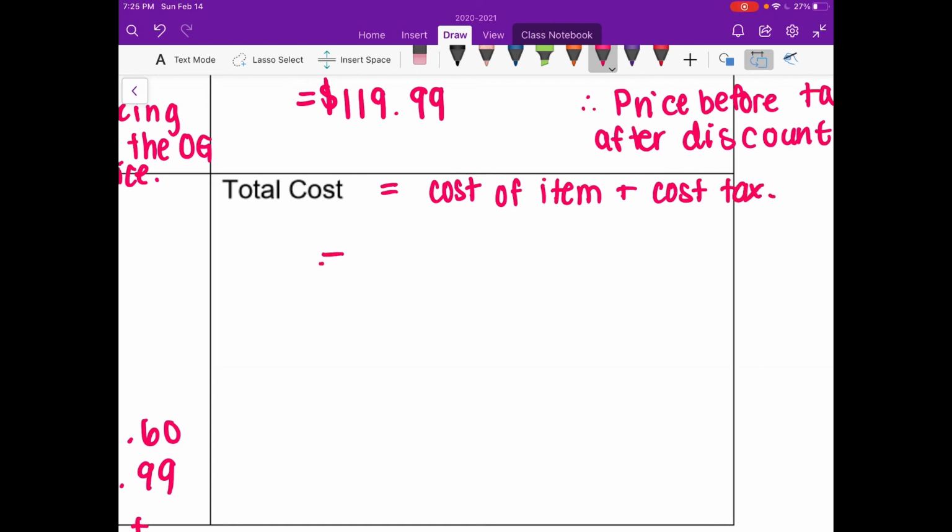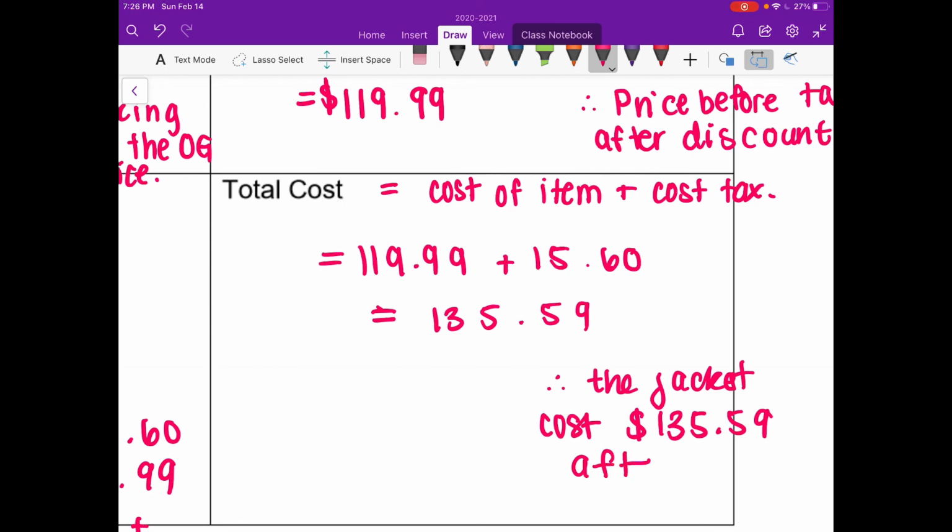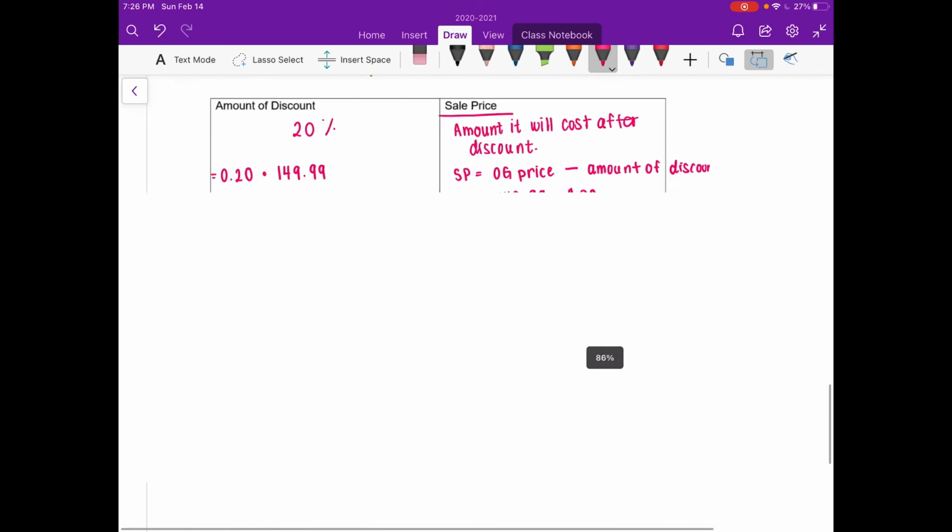So then it'll be $119.99 plus 15.60, so that'll give us 135.59. Therefore, the jacket costs $135.59 after tax. Okay, and that's the answer.